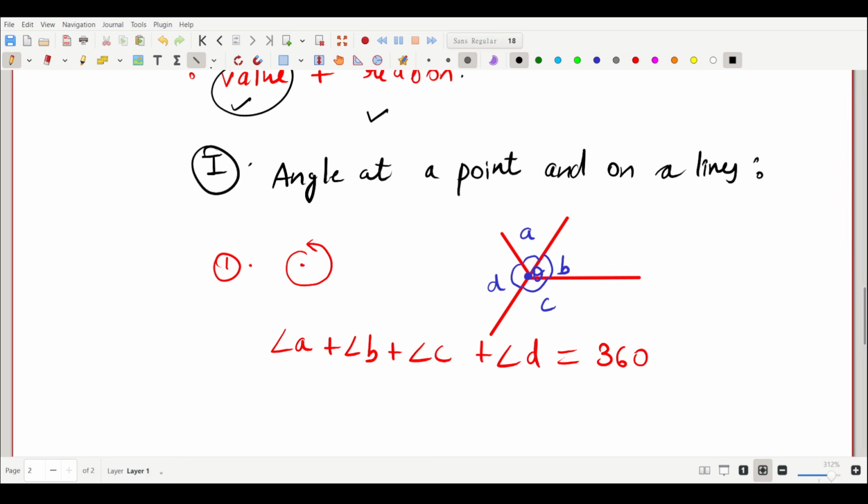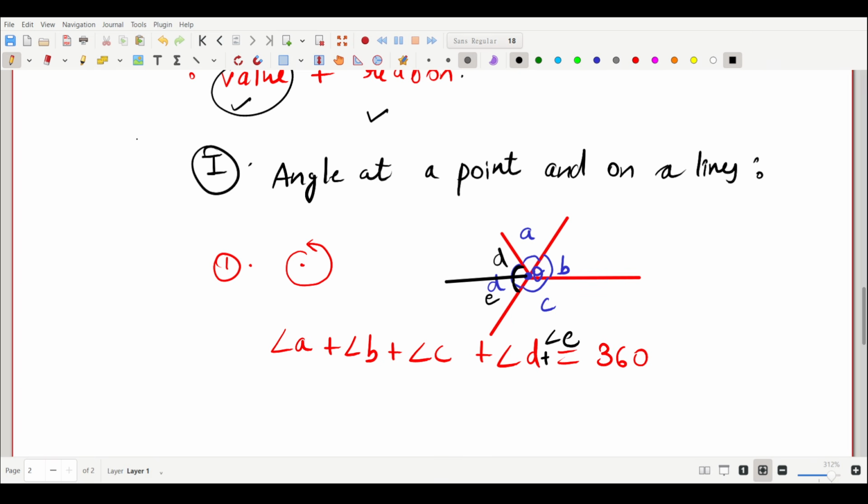See, now I'm going to say this one here is D and this one is E. So now we'll add E also here. Sum of all angles, they will always add up to 360 degrees for a point. That's one thing.